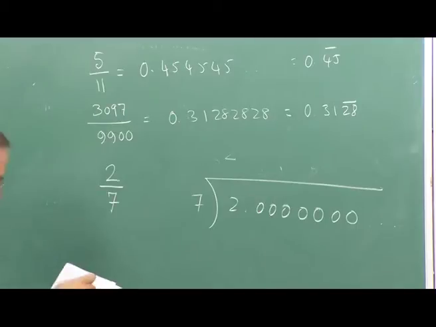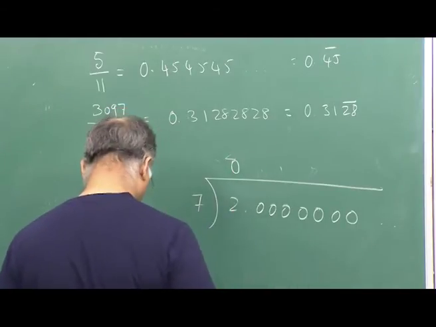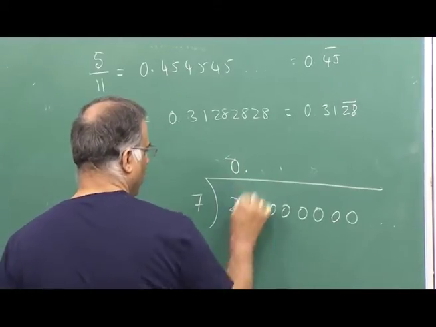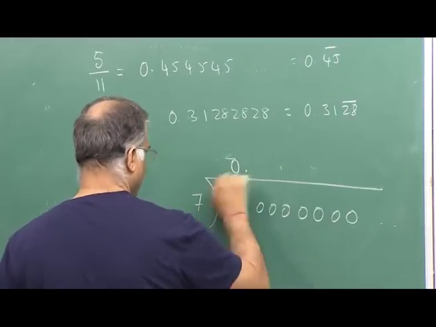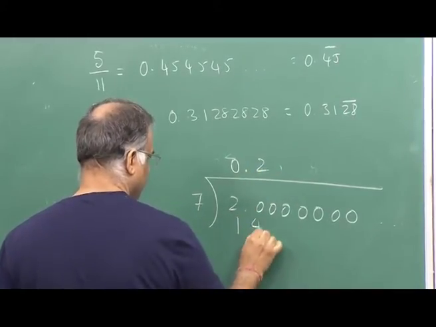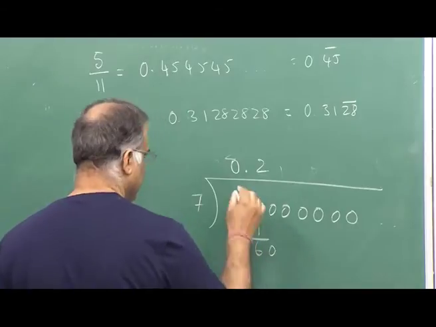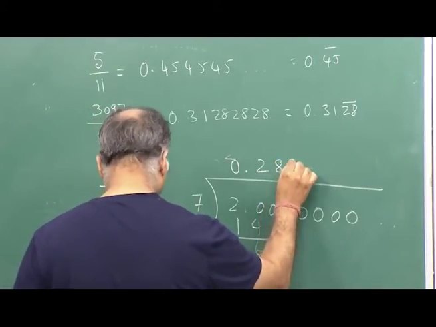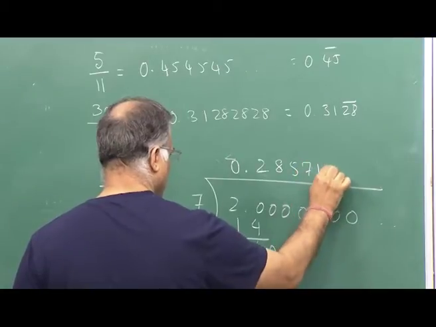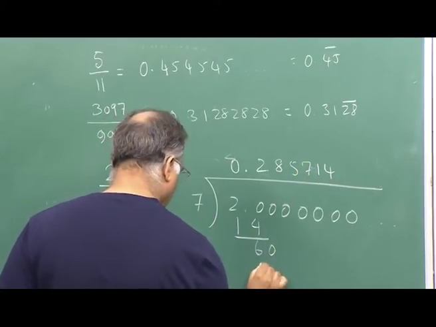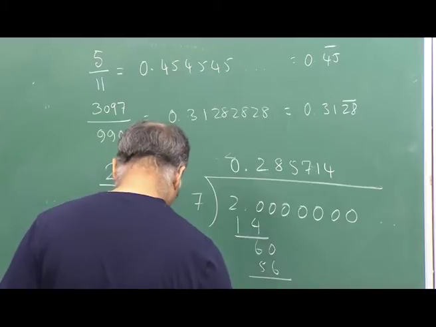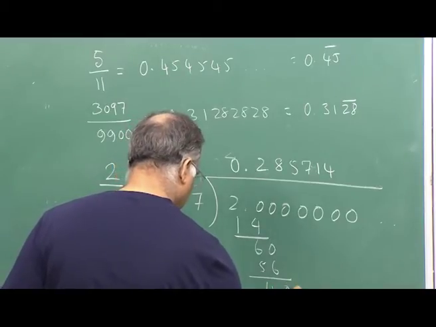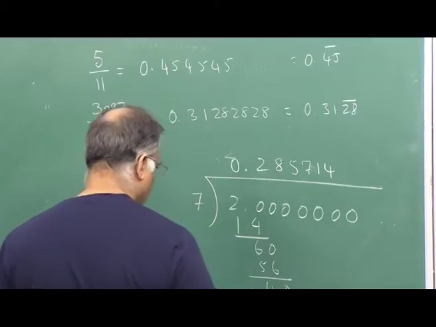So, first is of course 0, then you put a point and you have 20. So, 2, 7 to the 14, 6, you take 60 and I am just writing down the answer which you can verify because this is very simple to do. I need not do this repeatedly.